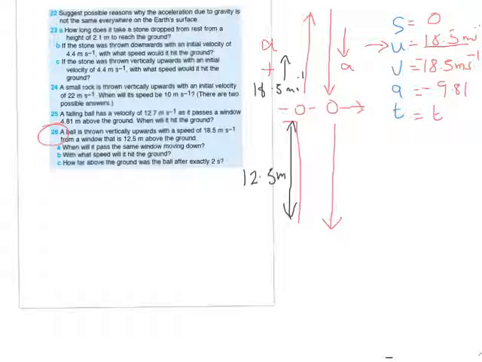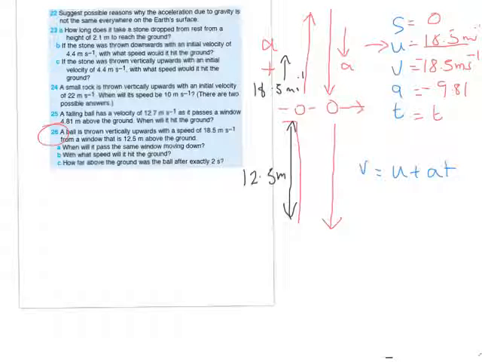If you have the same displacement up as you do down, the same acceleration but only in the negative, then your final velocity at this point will be the same as it was here. So these two will be the same. Your final velocity is 18.5, but it would be minus because now its direction is down. The acceleration we will assign as minus 9.81 and t is an unknown.